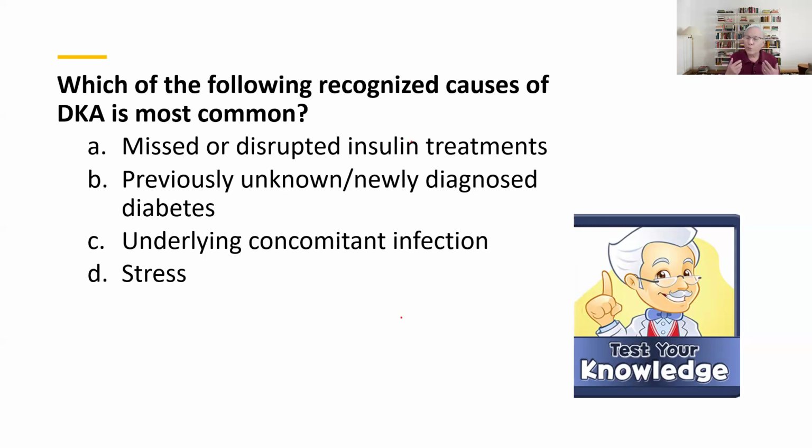All right. So remember, the most common is that they do not know that when they get sick, they need to increase their insulin dose. And that is usually why they get in trouble. So the correct answer here is letter C, the underlying concomitant infection.